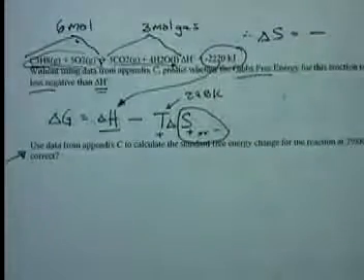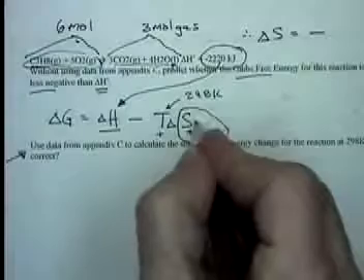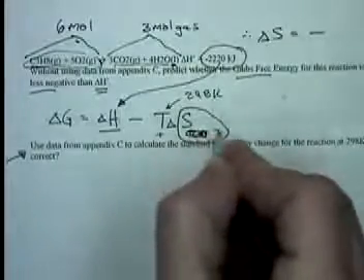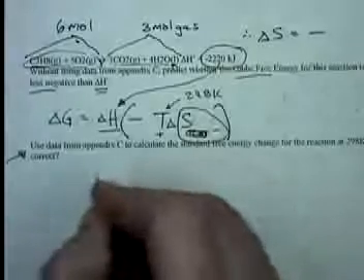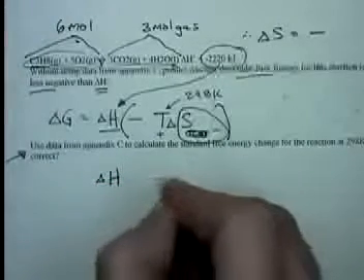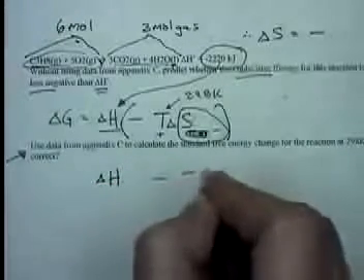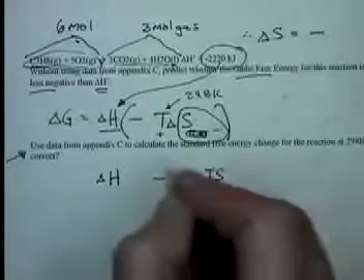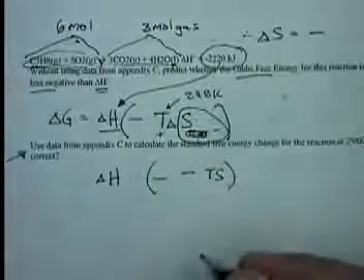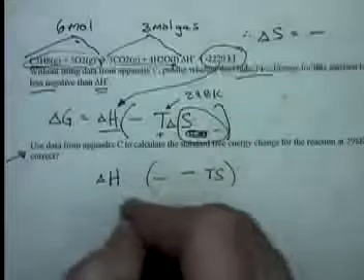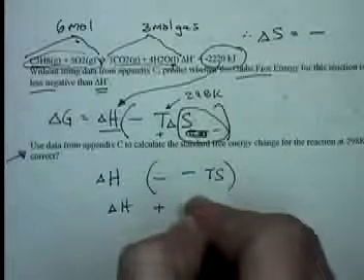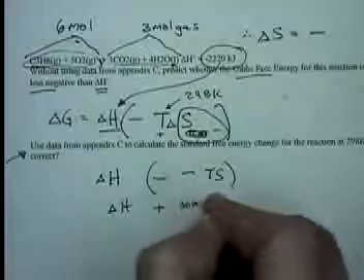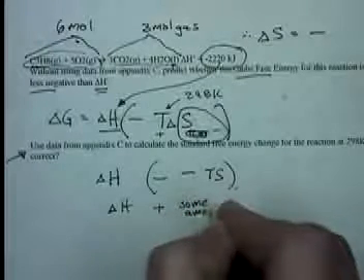Well, if delta S turns out to be negative, then this entire term turns out to be H minus a negative TS. A minus a negative is actually a positive value, right? So we're taking delta H and adding something, some amount. We don't know how much, but we know it's going to be something.